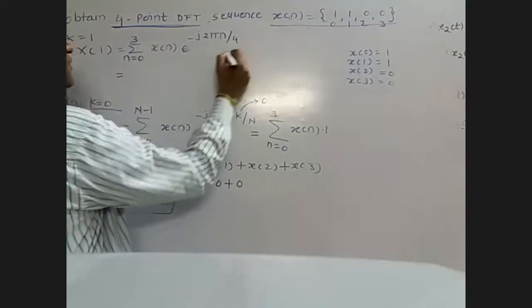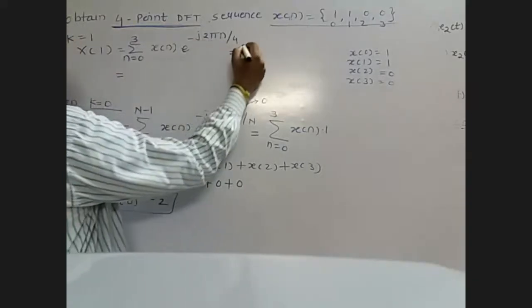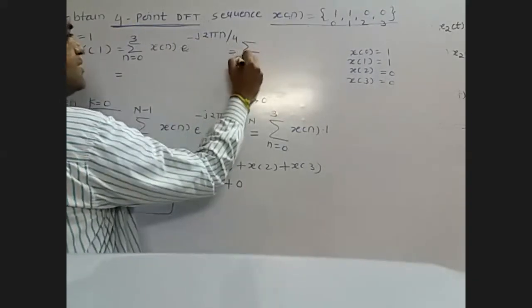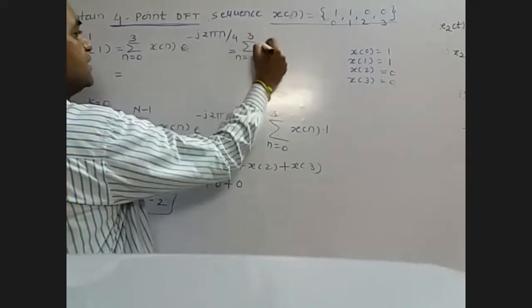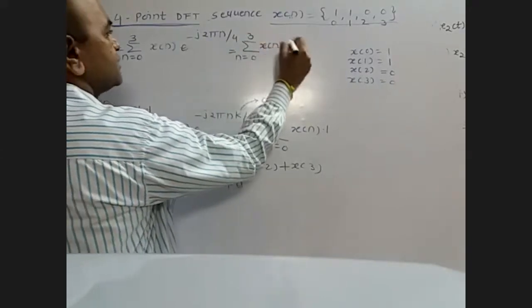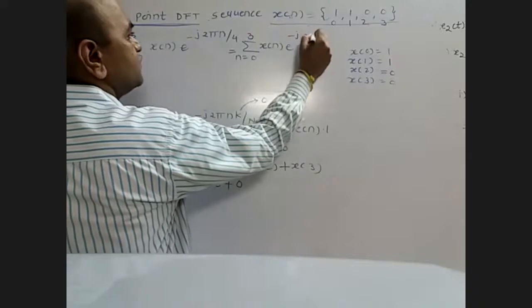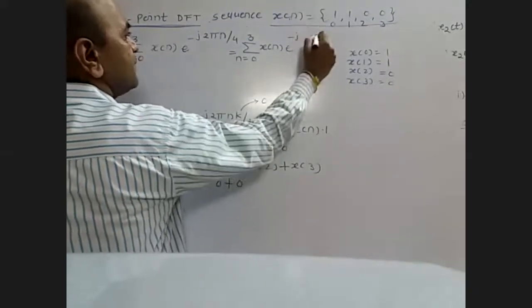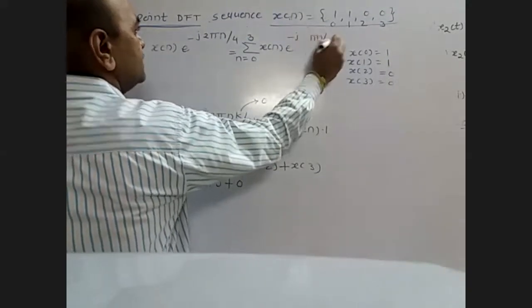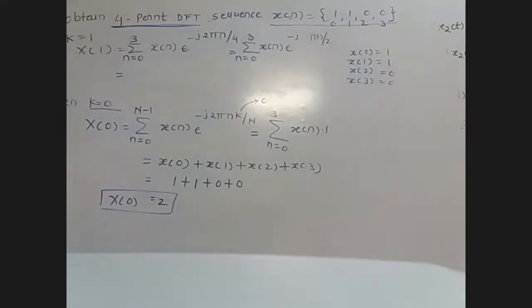Now again you can solve it. Here 2 and 4 will be there, so I write n equal to 0 to 3 x of n e raised to minus j pi n by 2.